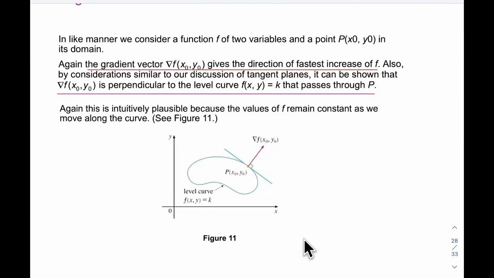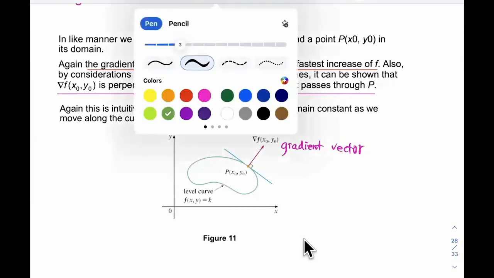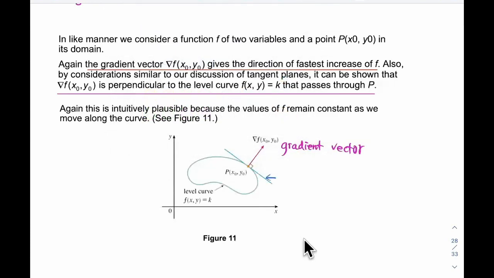Let me label this. The pink one here is the gradient vector. This one over here is a level curve, and this one is the tangent line to the level curve.